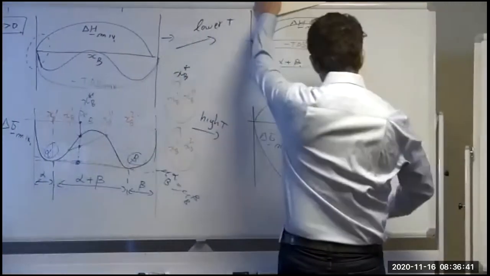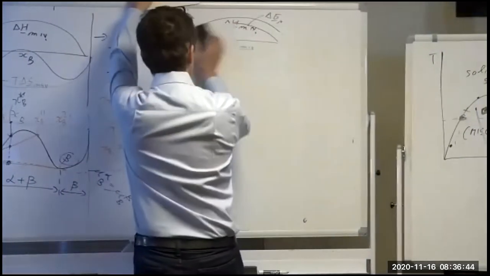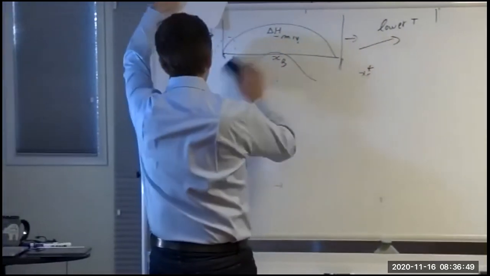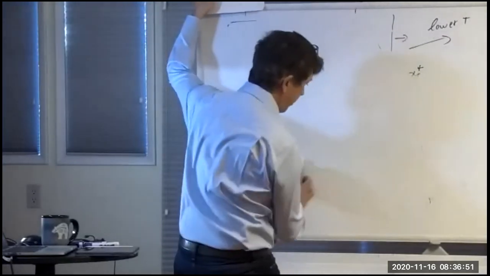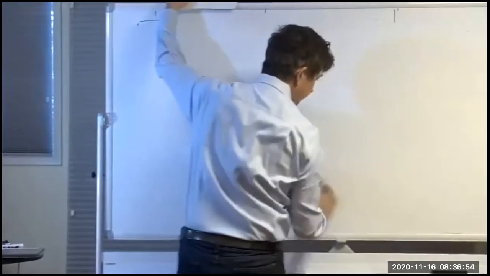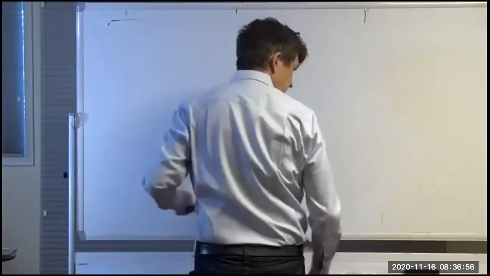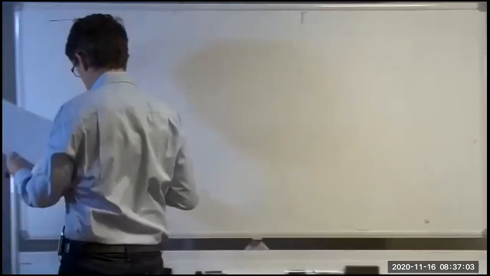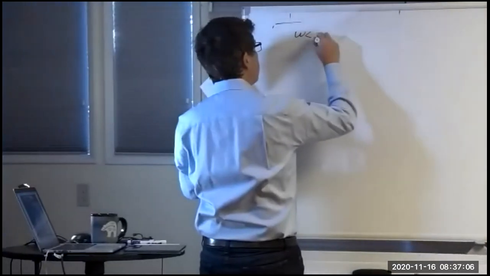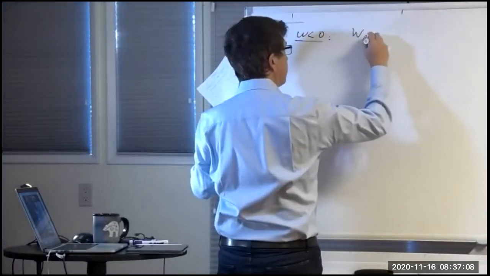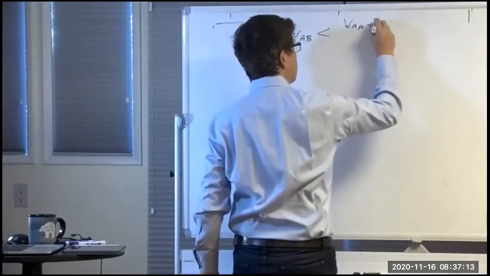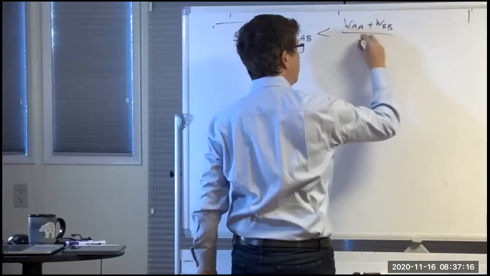Let me now do the case of omega negative. Because the regular solution approach cannot be correct there. So if omega is negative, then in the regular solution model, WAB is less than (WAA plus WBB) over 2.